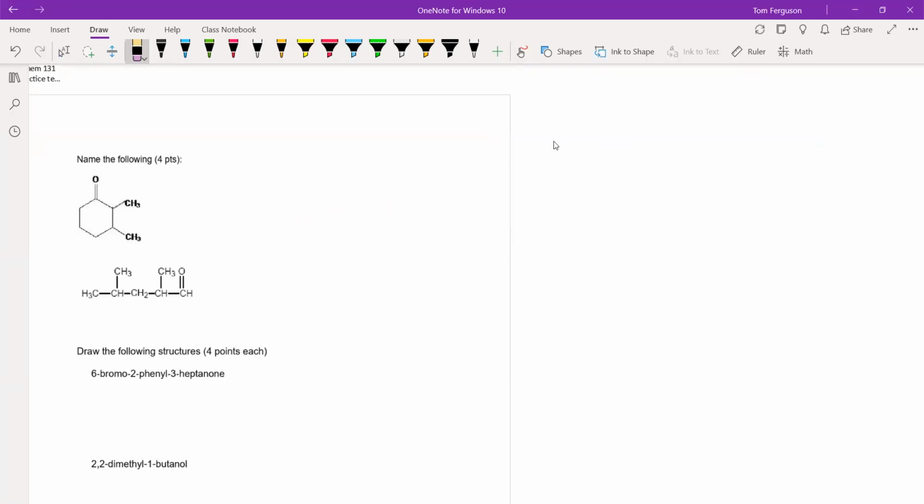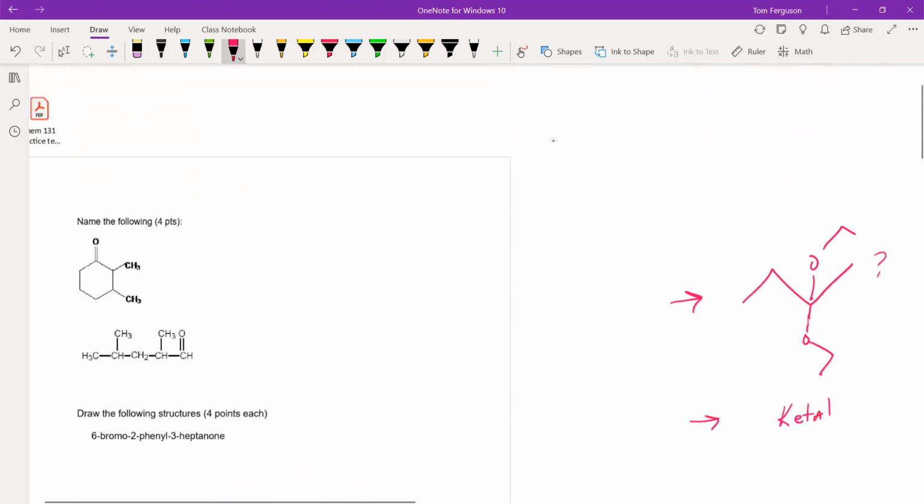So how would you make this? So this is a ketal, how would you make it?